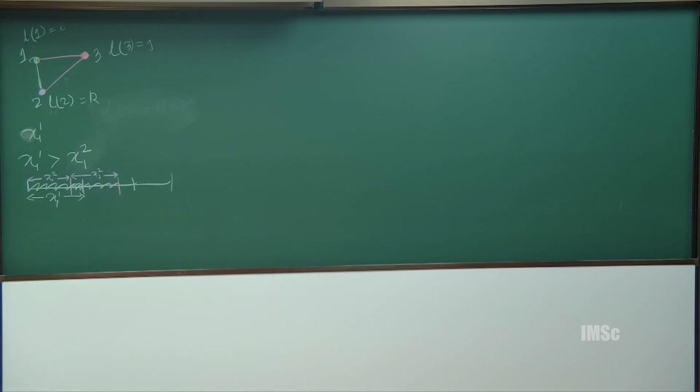So this is split. Now remember that L, when restricted to delta star, is a permutation, one to one, bijective, whatever you want to call it.